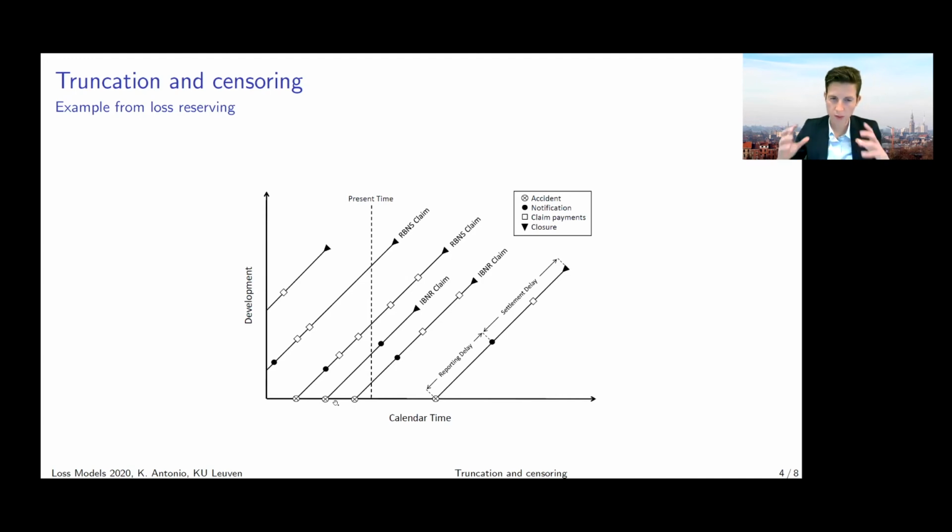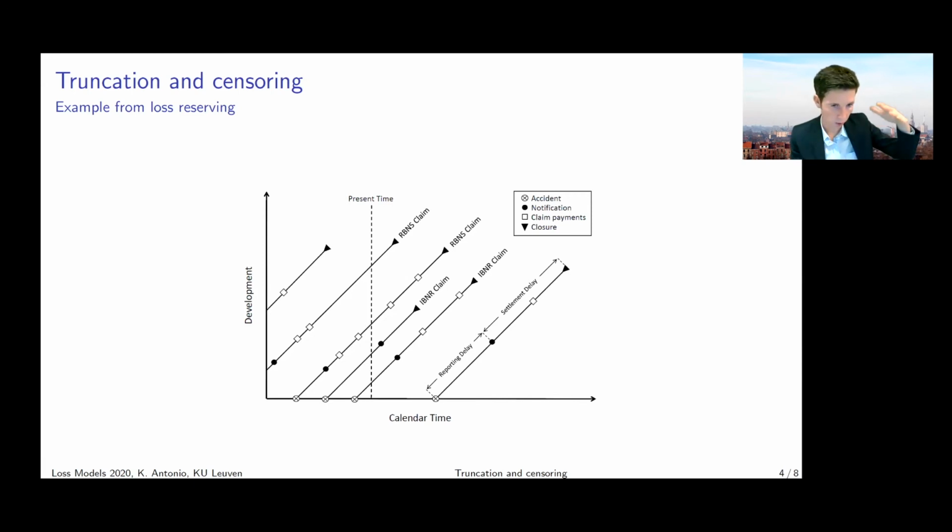So what we're going to say is that we only observe those claims for which the delay between the occurrence of the accident and the reporting of the claim is smaller than the time that elapses between the occurrence of the claim and the present moment.